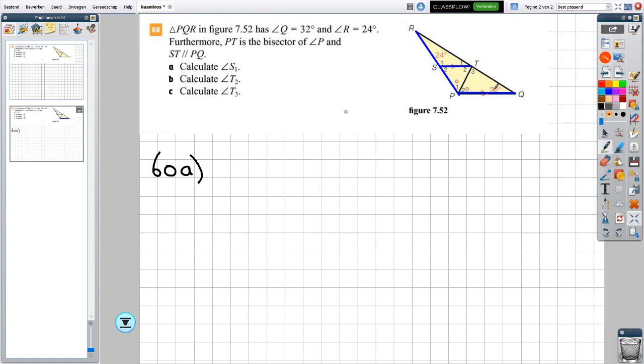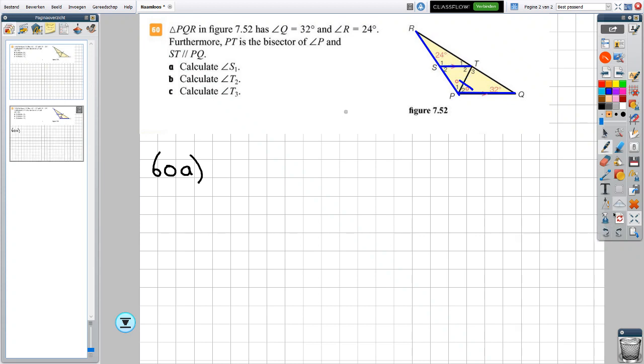This is in the shape of an F, right, with ST being parallel to PQ. That means that in that blue shape, this angle right here, so you could say P12, that one, is equal to S1.